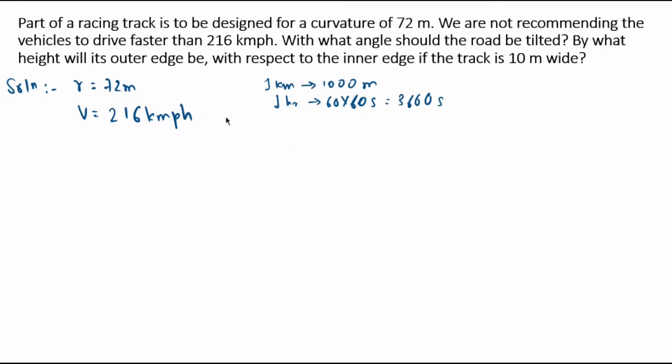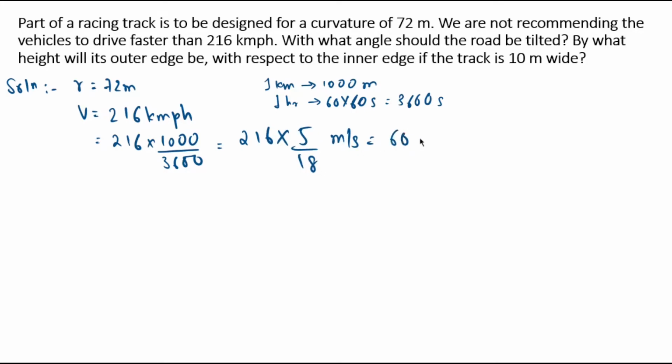So to convert kilometer per hour, we need to multiply it with 1000 by 3600, which will be nothing but 5 by 18. In order to convert kilometer per hour into meter per second, we need to multiply the value of velocity into 5 by 18. So this will be 216 into 5 by 18 meter per second, which we get 60 meter per second.